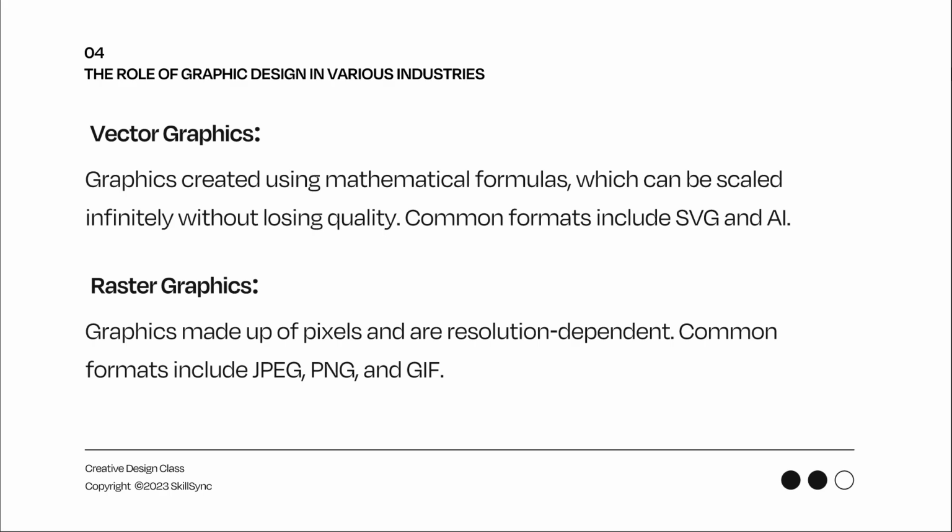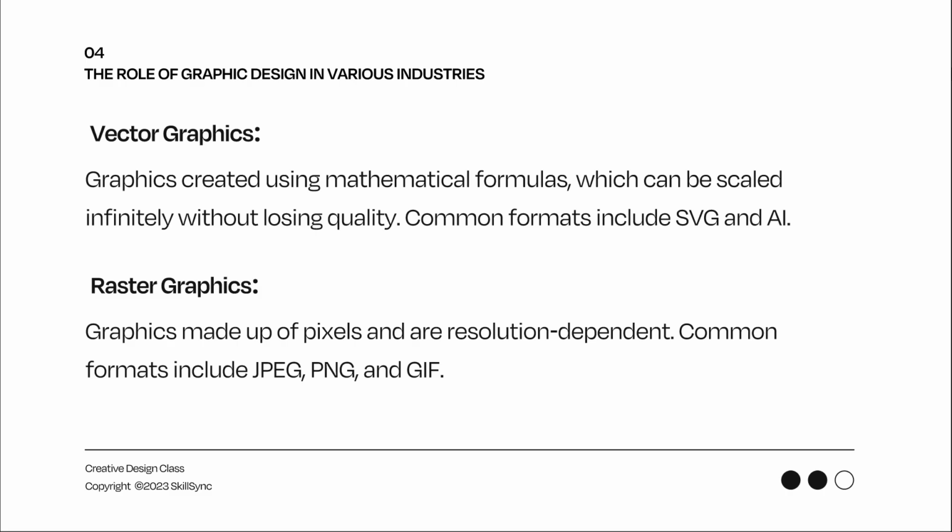Sorry, the vector graphics maintain the quality no matter how you stretch it, no matter how you increase the size. But with raster graphics, the more you stretch it, the more it becomes blurry, the more the quality reduces.